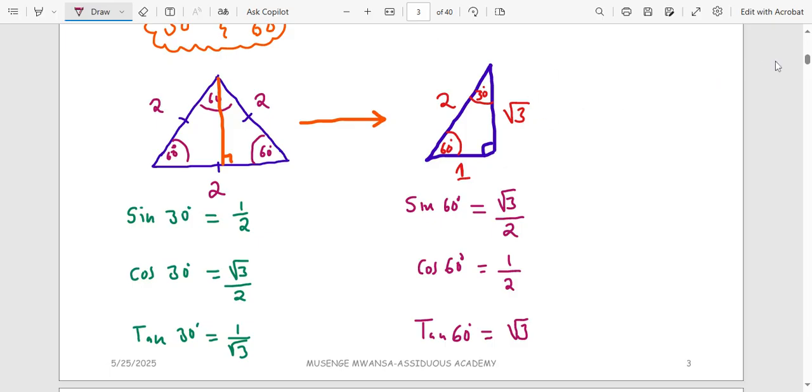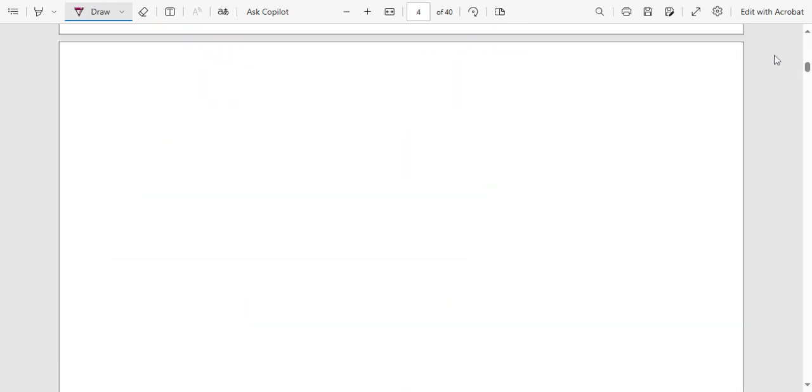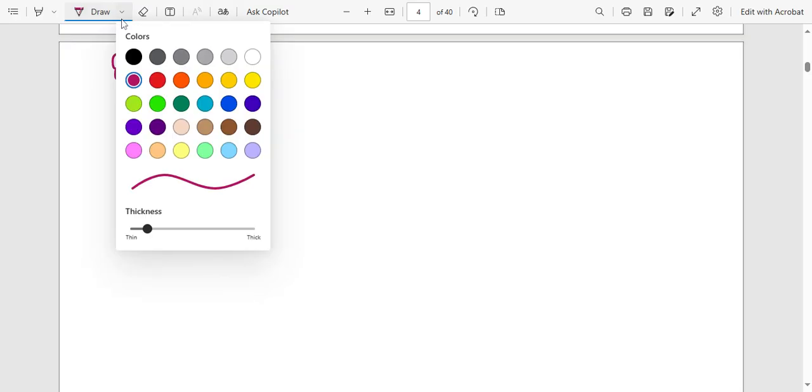So having understood the special angles, another thing I want you to understand are types of angles. I want to remind you about what you learned in high school.